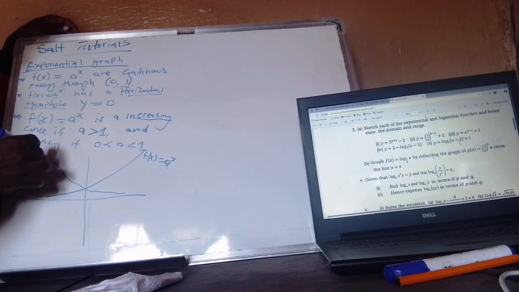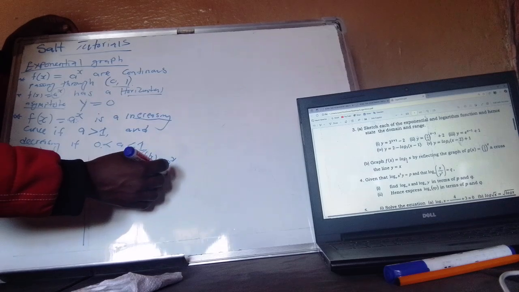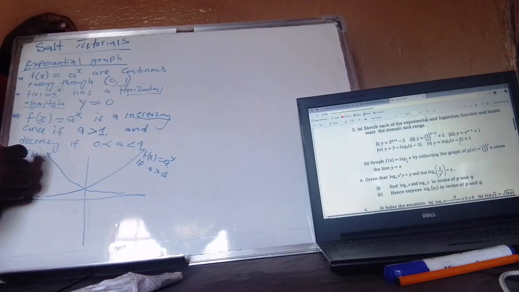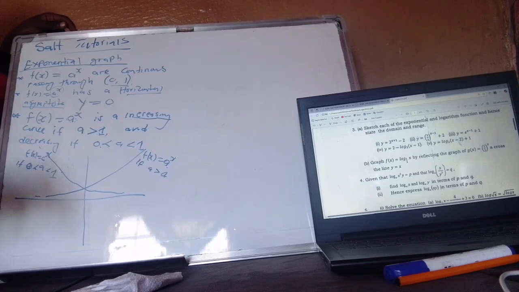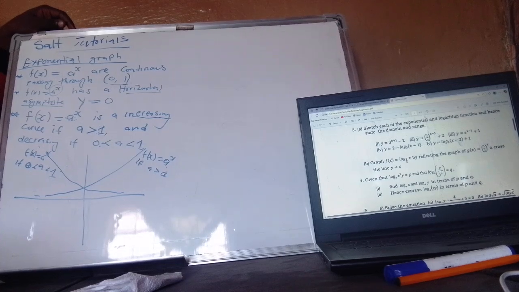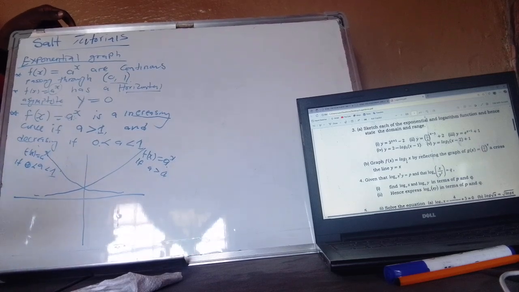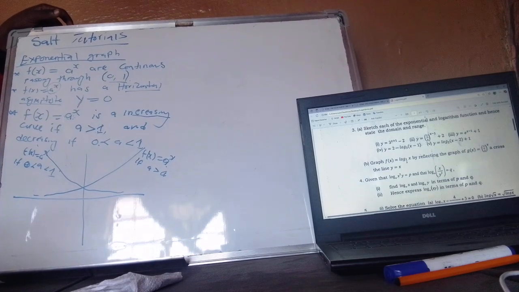Less than 1. So if a is greater than 1, and if 0 is less than a and a is less than 1, this is what will be happening. So even as you'll be sketching a number of functions, even before you sketch, you can be predicting the nature of your curve.